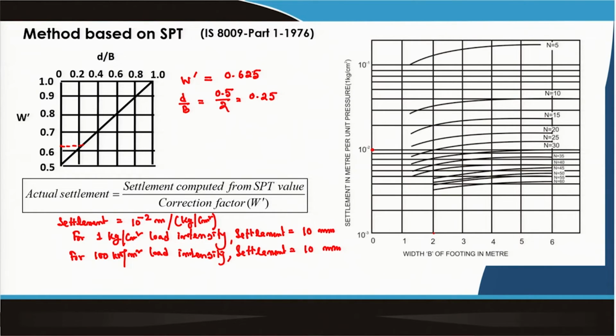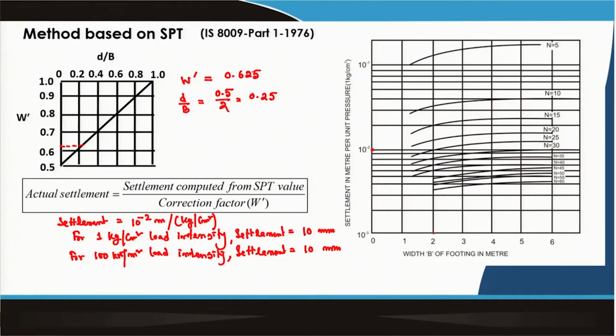So, this correction factor chart is as per IS code. Where the water table is at the base of the footing or above, it will be 0.5. Okay. So, remember that when you design something, we have to consider the worst condition, and in the worst condition this correction factor is 0.5.